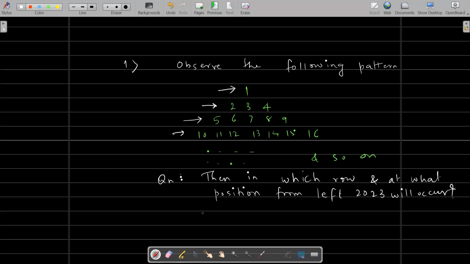For example, I'll say 15 occurs in the fourth row, right? And at what position from left? 1, 2, 3, 4, 5, 6. The sixth position from left, right?